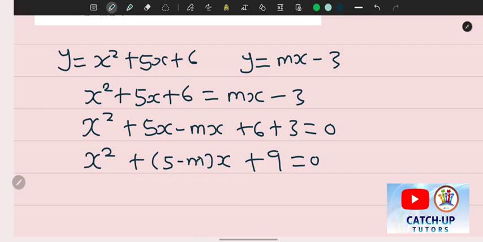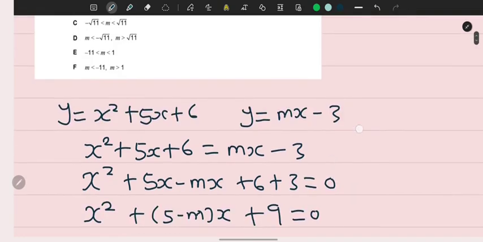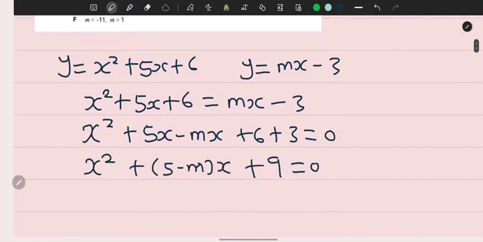And don't forget, from the discriminant of a quadratic, or nature of quadratic roots, we have three possibilities here. We have real and equal roots, real and distinct roots, and complex conjugate roots. Since the condition is that these two functions do not meet, we make use of the discriminant D, which is b squared minus 4ac, to be less than 0.